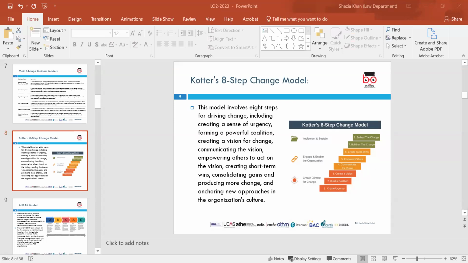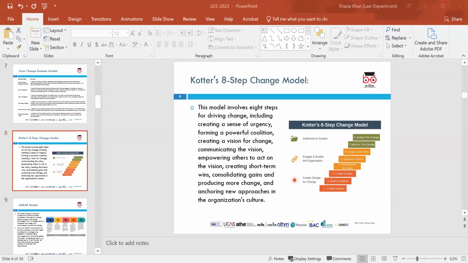This process enables companies to overcome challenges faced by constant change, from implementing new technology and changes to organizational structure. So it could be things like new product lines, acquisitions, mergers. And his 8-step change model was introduced in his book called Leading Change in 1996.